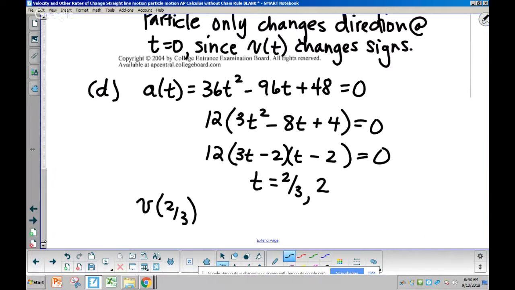Now, there's an easy way to do this and a more difficult way. Do we have the velocity in factored form already? Yeah, we do, don't we?